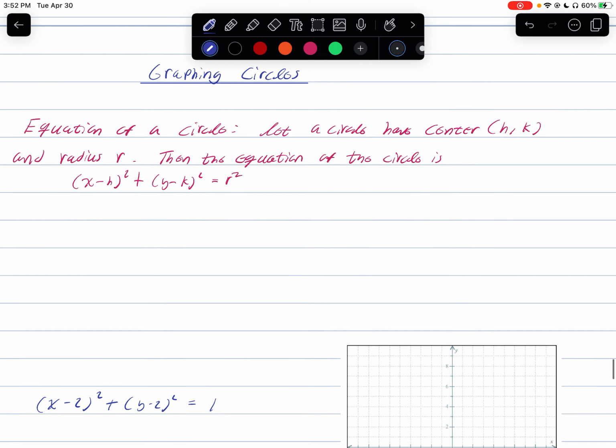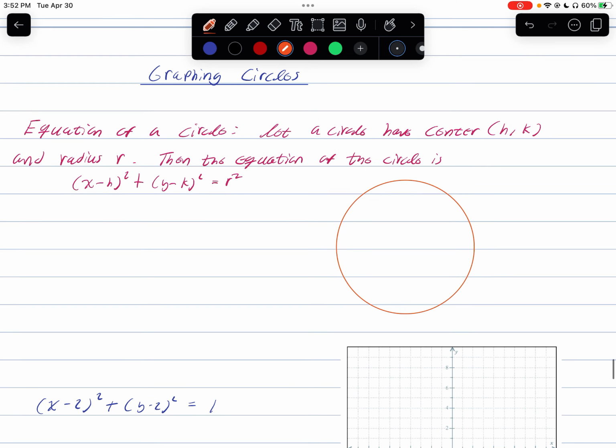So just a quick refresher on what circles are. We have some circle that looks like this. The center of this circle is going to be given by the point (h, k). We know that the circumference of the circle is the distance around the outside of the circle.